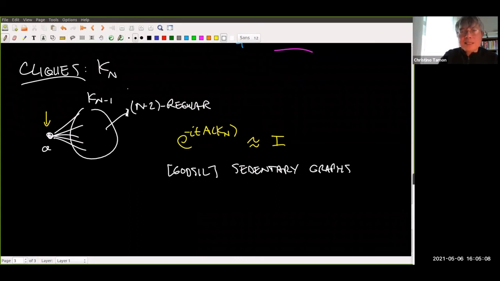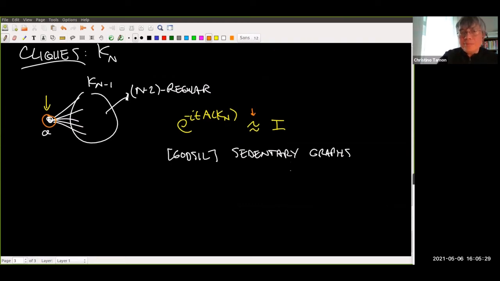What this means is you are hardly ever going to escape this vertex, for any time. But I'm being loose here because this is subject to asymptotics. But pretty much, we are stuck at the starting point. My question here is, a question I'd like to ask: the cliques are famous expanders, sort of the best expanders, right?